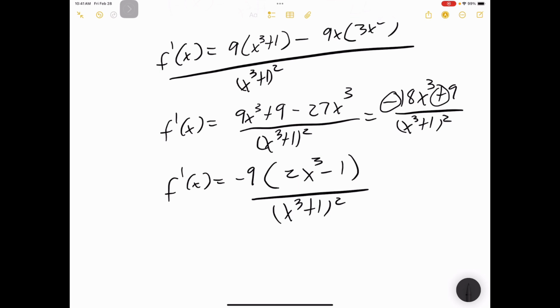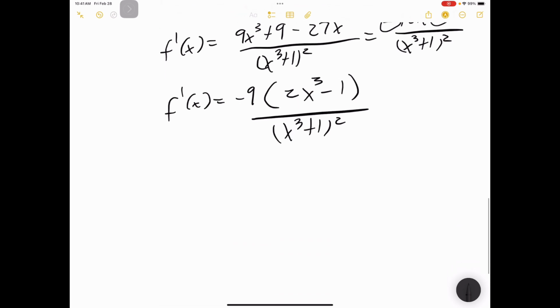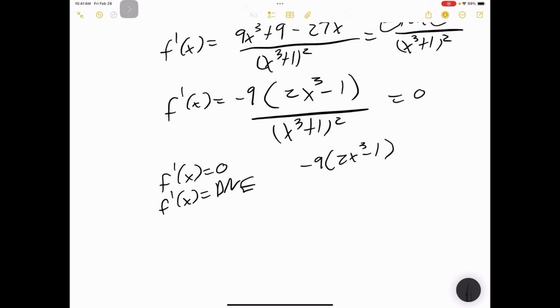Now with our first derivative, we're going to look for critical points. The critical points of this function are the places where f prime of x is equal to 0 and the places where f prime of x does not exist. So when f prime of x is equal to 0, we have a simple case where we can multiply the denominator by both sides, and we're left with negative 9 times 2x cubed minus 1 equals 0.